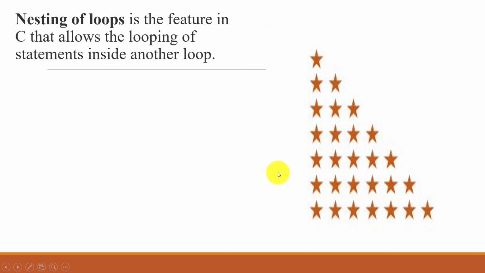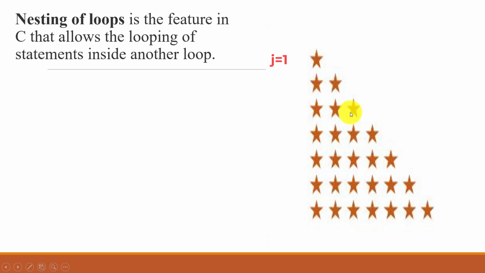So I require an outer loop to print each new line. Here there are 7 lines in total. Suppose I consider j as the variable for the lines, and I require one more variable I to print such a pattern. You can observe that the first line has 1 star, the second line has 2 stars, and the third line has 3 stars.